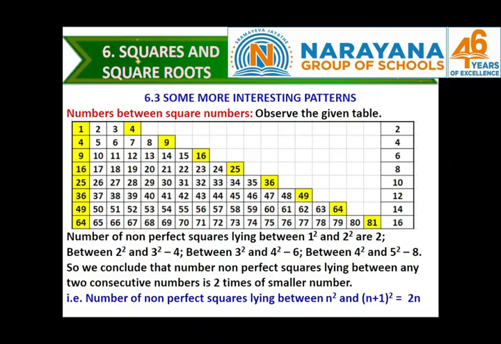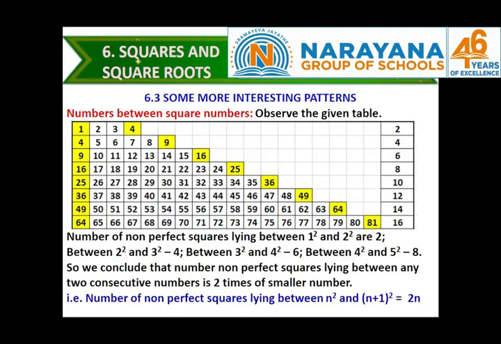How many numbers are lying between 1 and 4?